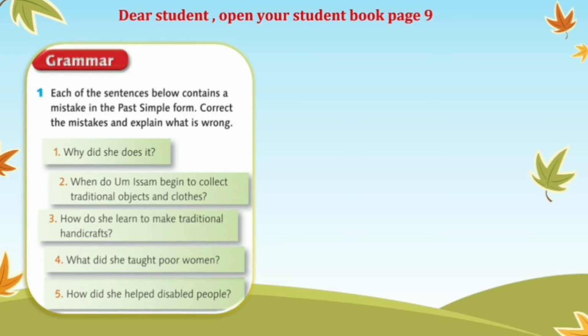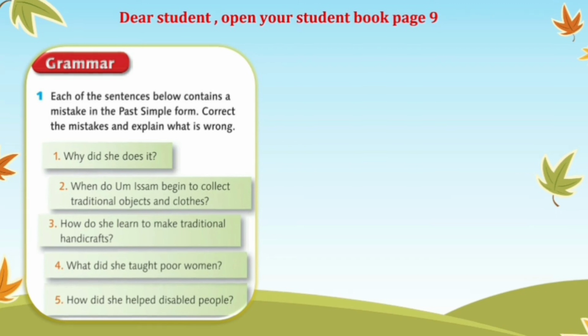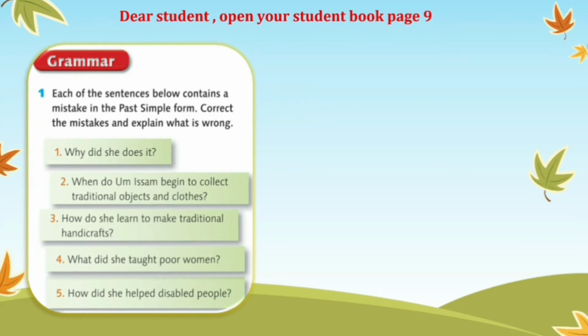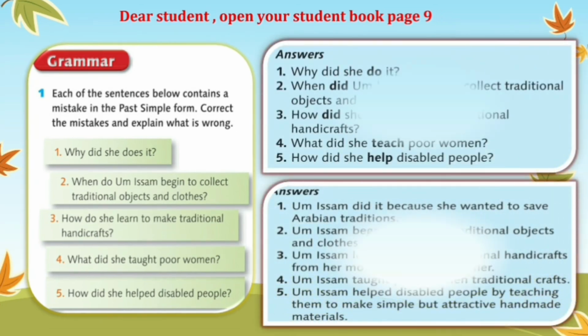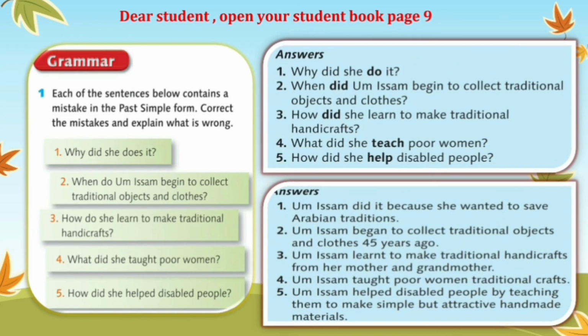I want you to pause the video and think about each sentence. After you find out the mistakes, I want you to answer the questions about Isam's story in your notebook. So please pause the video again. Here are the answers.